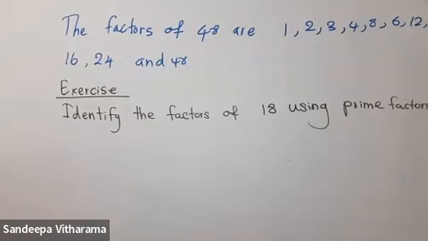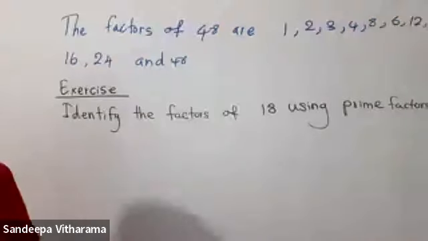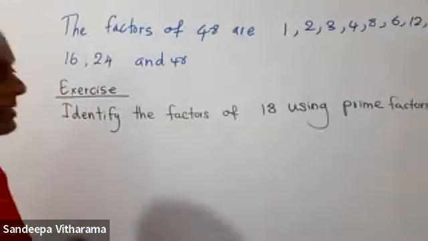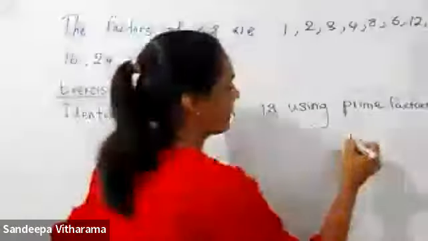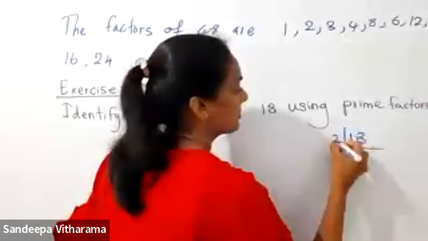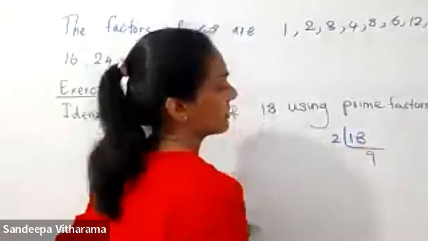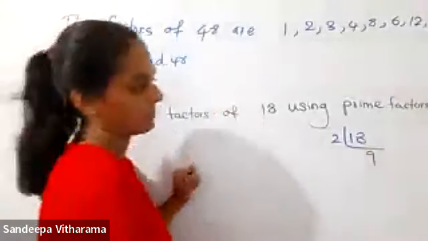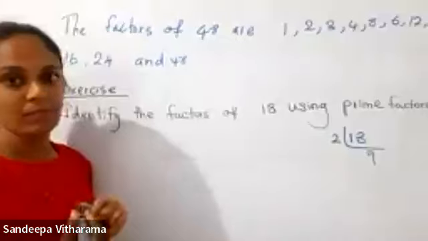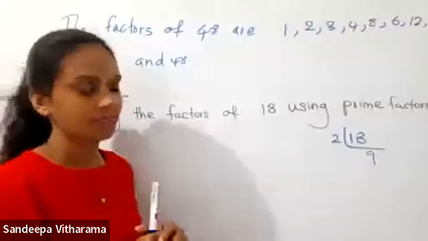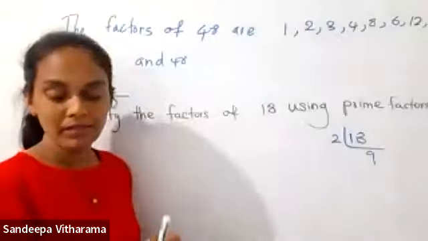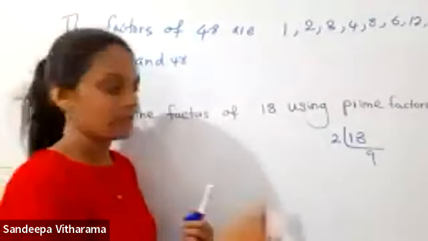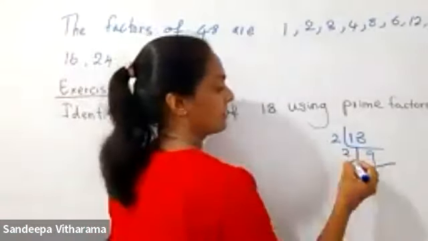First of all, 18 divided by what? 18 divided by 2, no? It is divisible by 2. So divide 18 by 2. It is 9. Can we divide 9 by 2? No. So it is divided by what? The next prime number is 3.